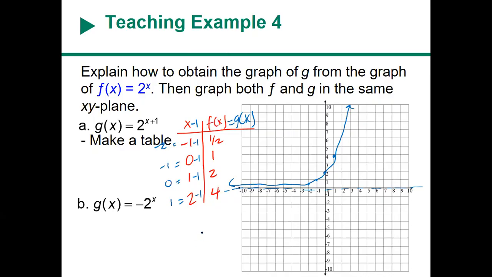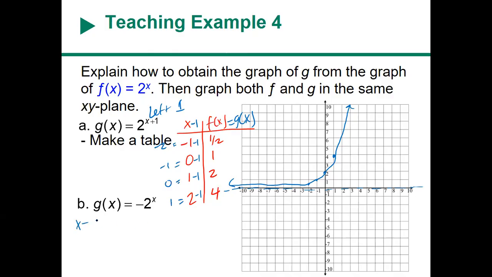So you can do a transformation just from modifying the parent function, but without graphing it. And it's just simply following what the transformation means. So because I know that this means I'm going left 1, that means to all my x values, I had to subtract 1. This one right here, this negative 2 to the x, that means I'm reflecting over the x-axis, right?